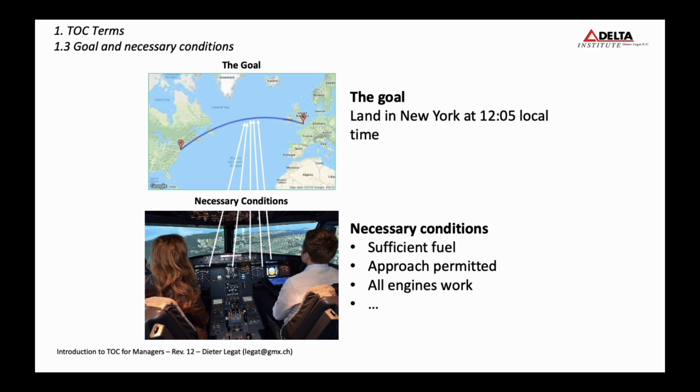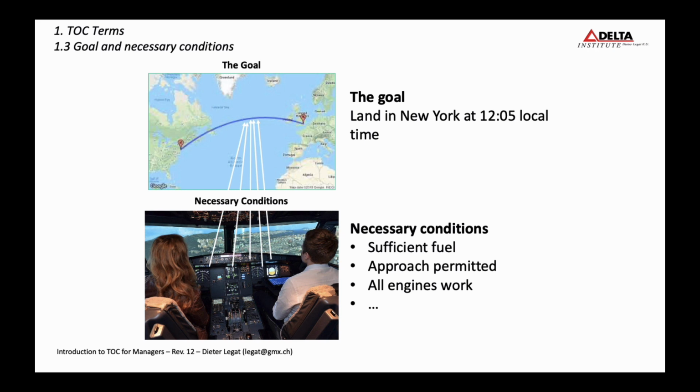Goldratt has answered this question by introducing a term from formal logic, the necessary condition. In general, a necessary condition is one which must be present in order for another condition to occur. Or in our case, a necessary condition is one which must be present for the system to achieve the goal.